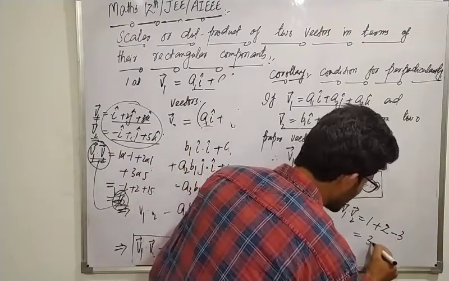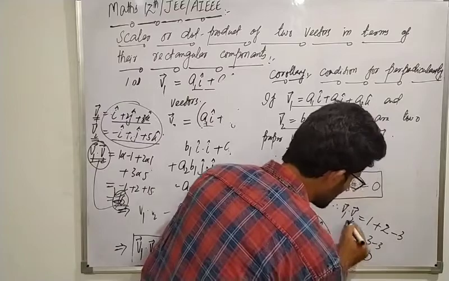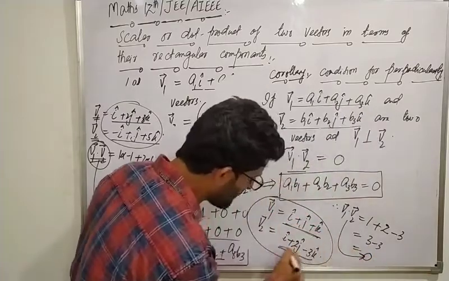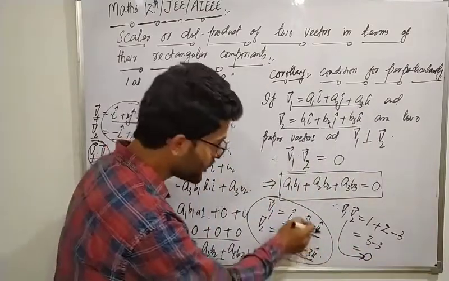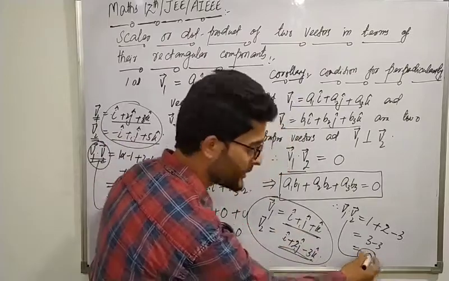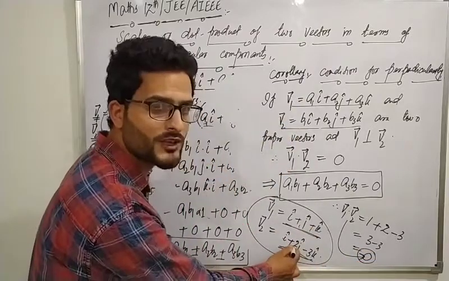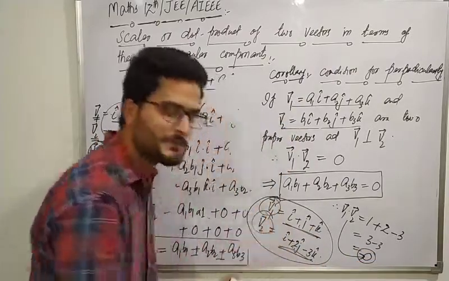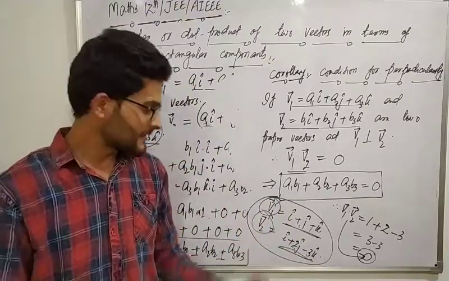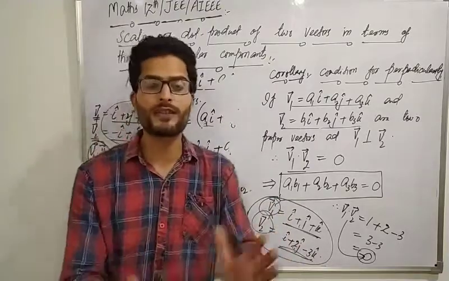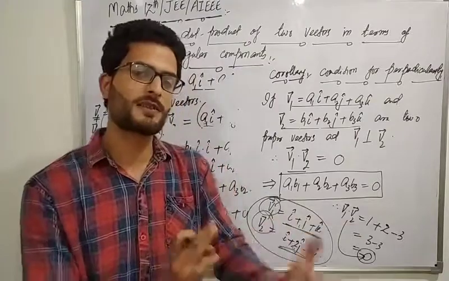So that is equal to 3 minus 3, which is equal to 0. Dot product of two proper vectors, they are proper. Dot product of two proper vectors is 0. When the dot product of two proper vectors is 0, obviously they must be perpendicular to each other. So this is the condition how you can prove two vectors are perpendicular when they are expressed in terms of their rectangular components.